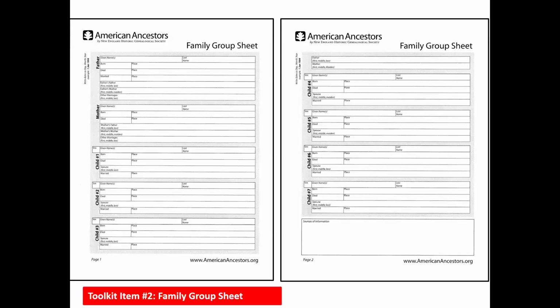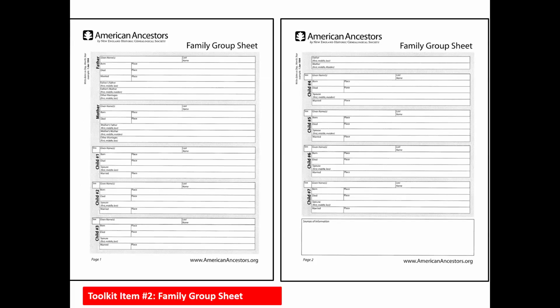Another tool that you may use is what's known as a family group sheet. The family group sheet contains the pertinent facts about one particular family. We like to think of it as a snapshot of the family, because it's going to include both parents and the children. So in this case, it's going to hopefully leave you enough room to put in all the key information: their names, their birth dates, their marriage dates, their death dates, but also allow you to record information on their parents' names as well.